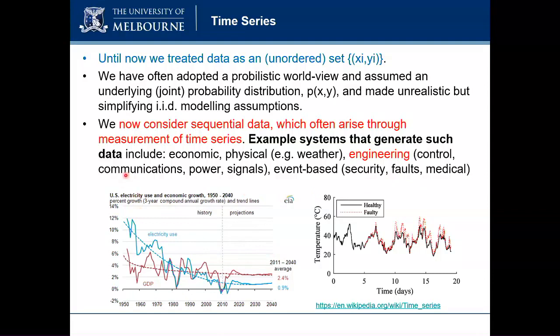I tried to put two examples here. First, electricity use globally and in a state, at your house or in your neighborhood, all those different types of usage, energy demand, heating demand maybe. The second one is interesting, and a hot topic: predictive maintenance. You look at certain parameters of your engine or your device or your system, measure them over time, and try to predict whether it will fail or not.